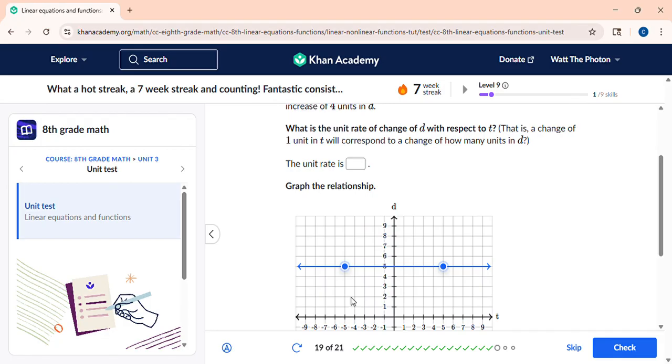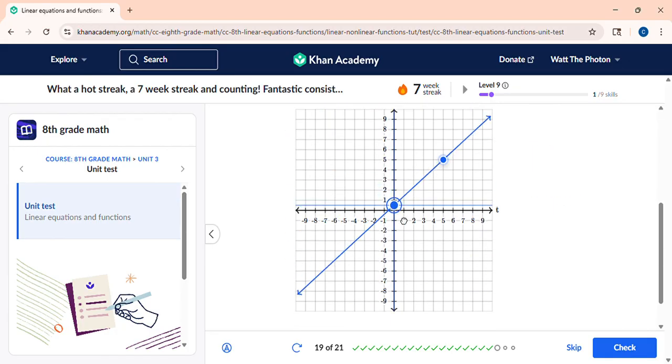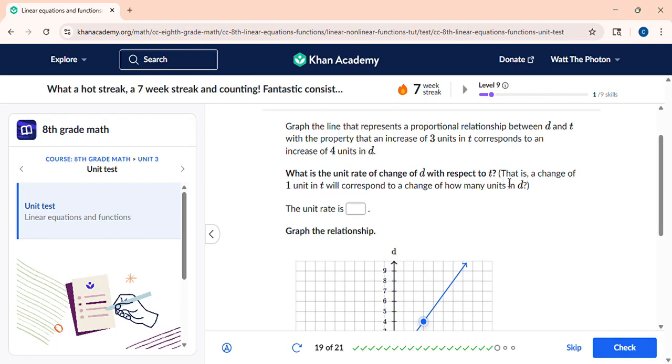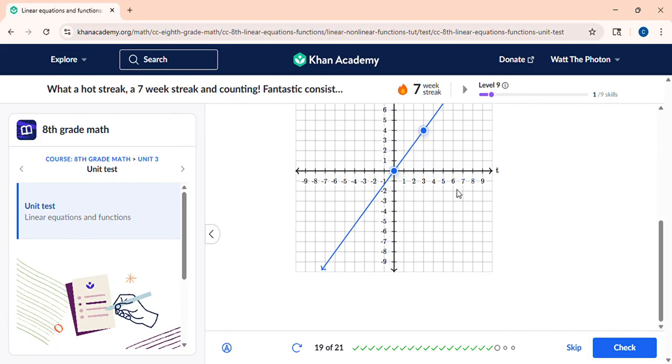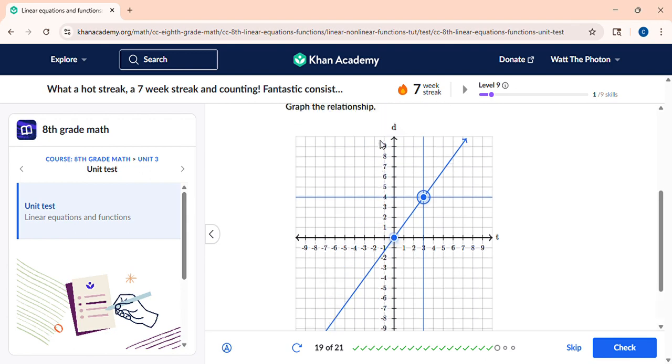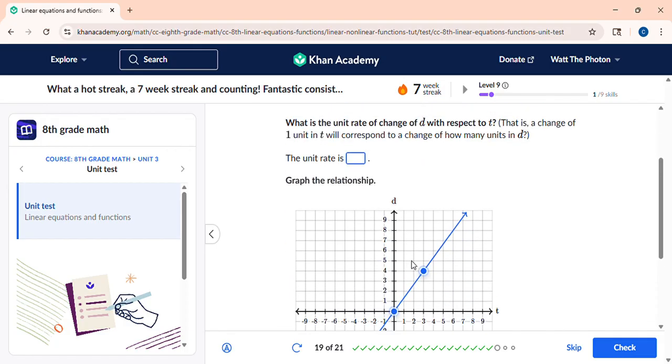What's the unit rate of change of D with respect to T?